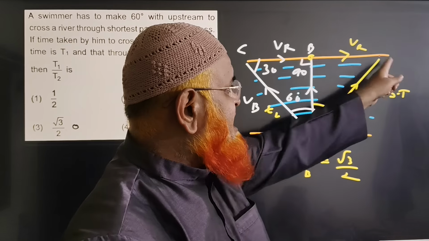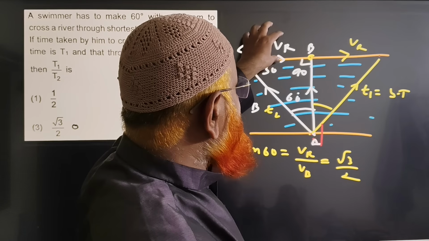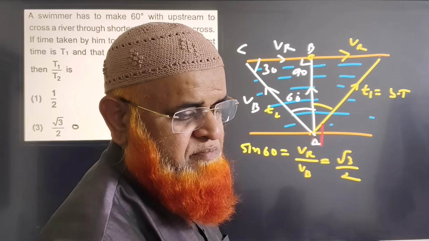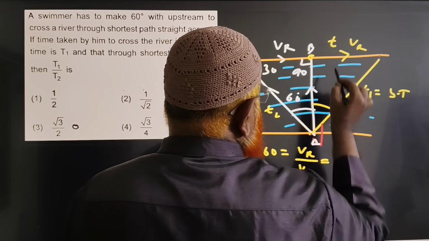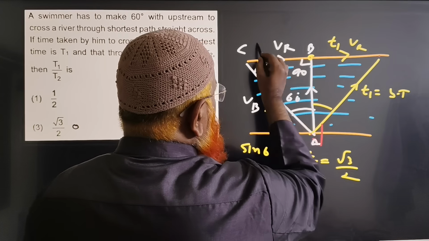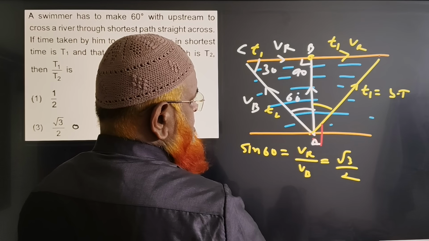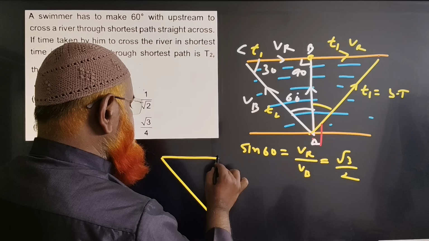Instead of considering this time, can I consider this time? That means this river and this river velocities are same. Can I take this time as t1 in this direction also, and the same time I am taking here. Now just see here, I am giving you a shortcut method.